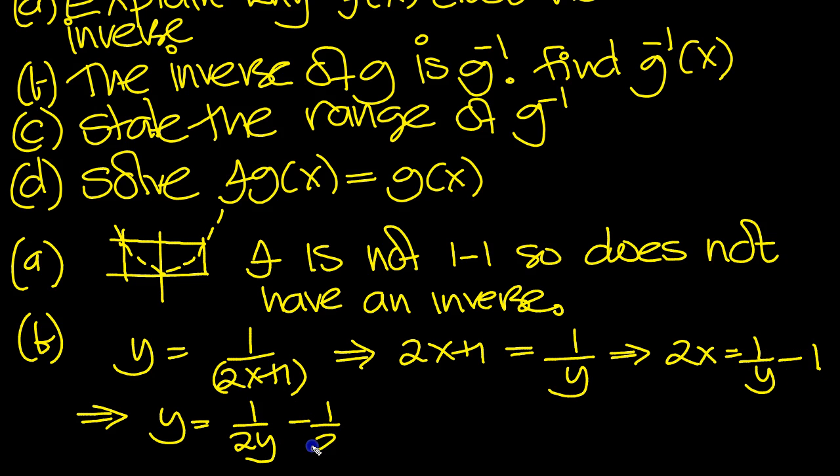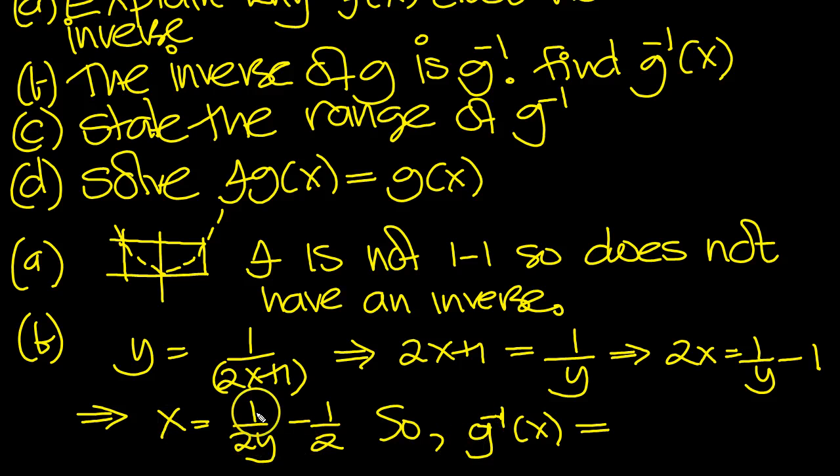So we can now write g to the minus 1 of x is equal to, now just swap the y's to x's and the x to y's. So this function then is 1 over 2x minus a half. So there's the inverse function.